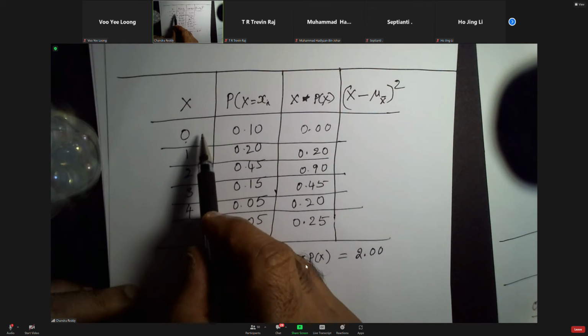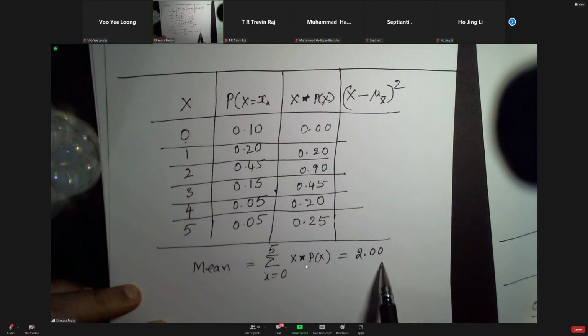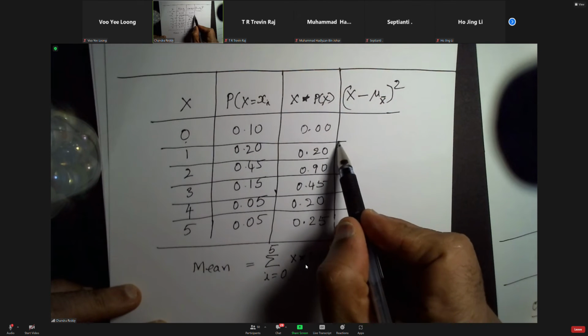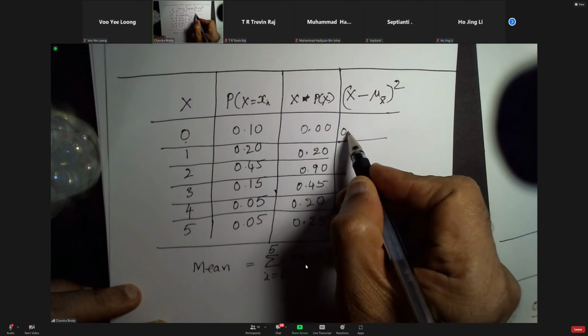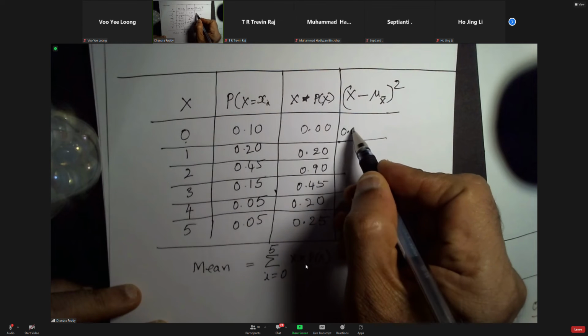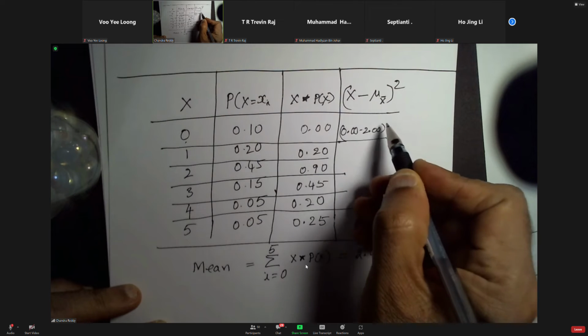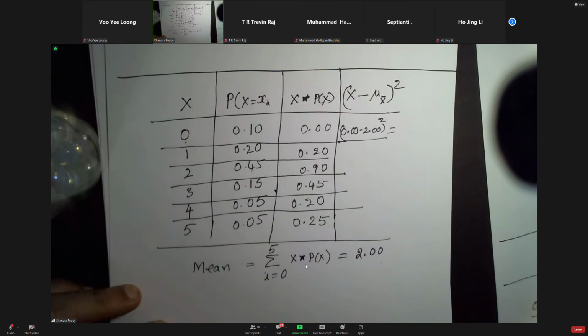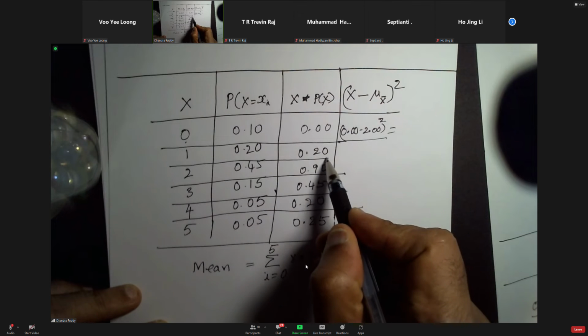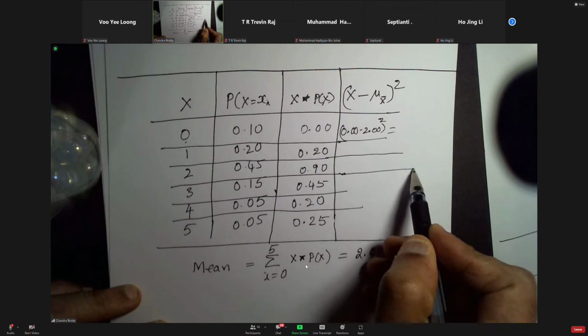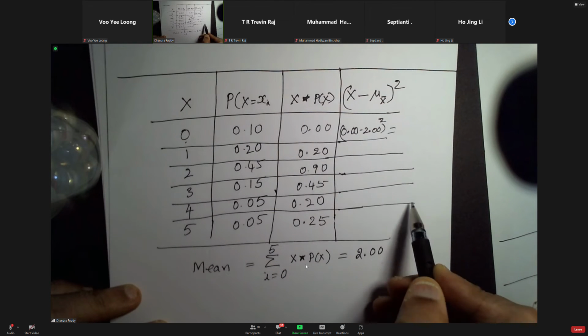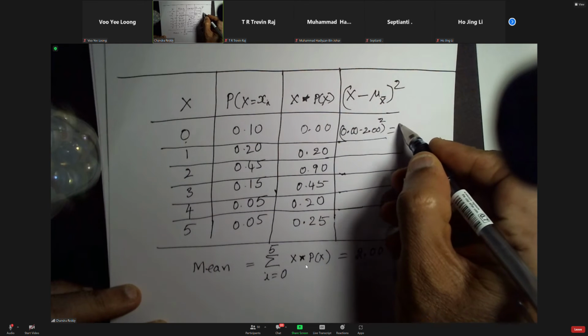So this is 0 minus 2, that is 0.00 minus 2.00 whole square. How much do you get? Yep, so you get 4.